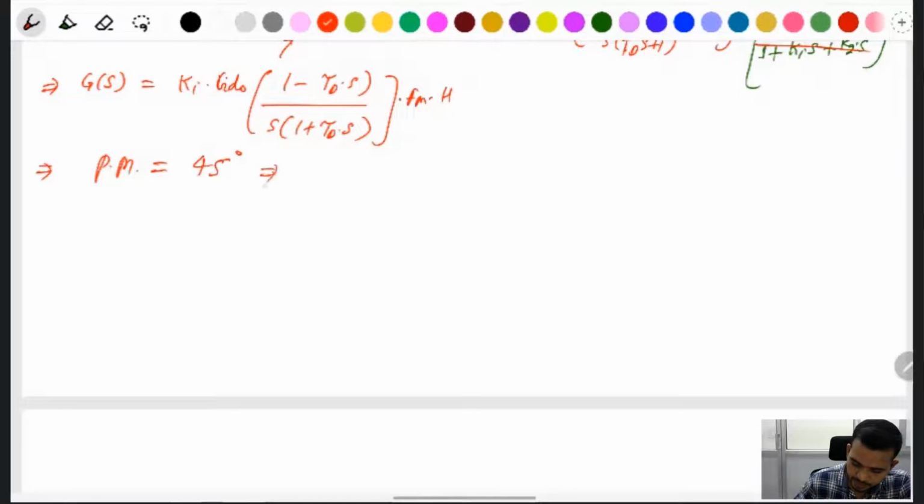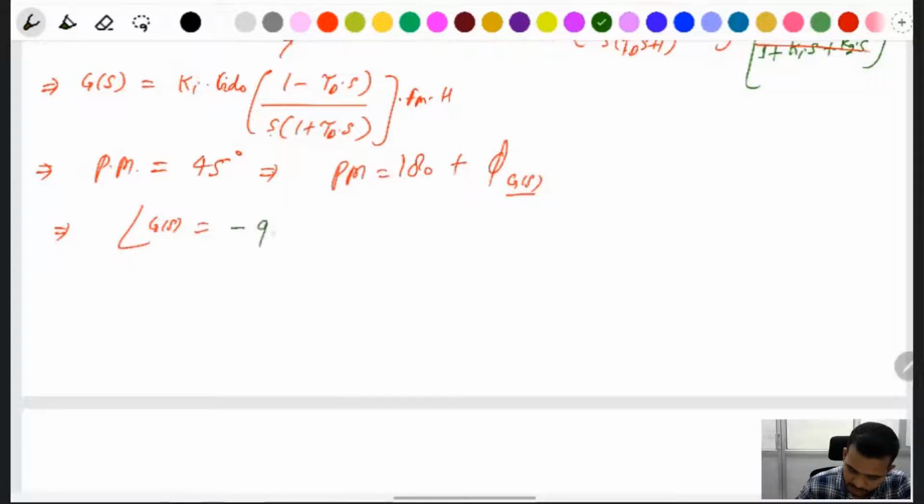The phase margin given in the question is 45 degrees. Phase margin is 180 plus the angle of G(s). Then find the angle of G(s).